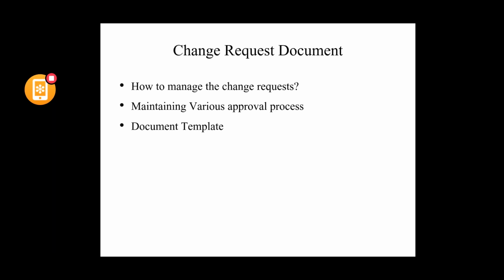That's one thing. And what kind of approvals are needed, how a change request will pass through, and who are all the people who would be reviewing that change documentation. And if you are using a tool, what details you need to capture with regard to that particular change.